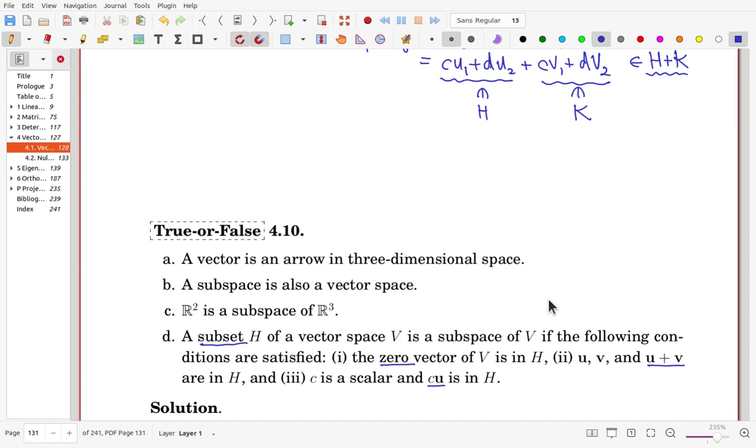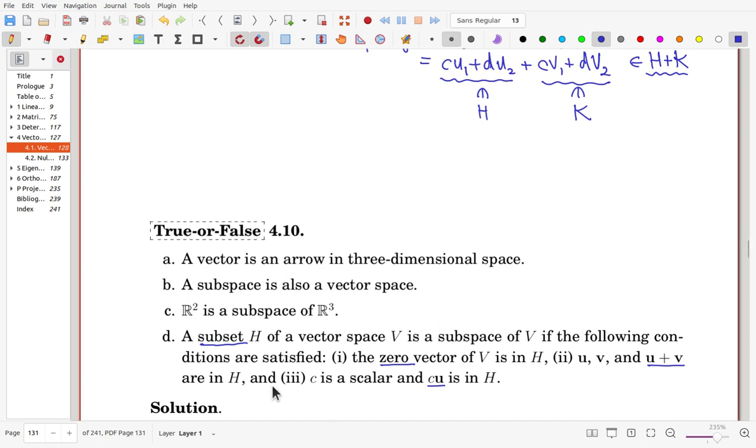Everything is okay, except here, U, V, and U plus V are in H. This is for some specific U, V, and U plus V in H. However, it is not saying that for arbitrary choices of U and V, the addition is inside of H. So when you are checking if a subset is a subspace, you have to check it with arbitrary choices.